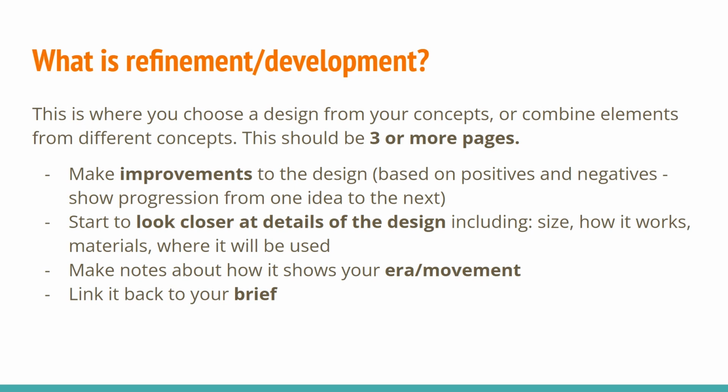And you can sort of say that that's telling the story of warmth and optimism. Yeah, so it doesn't always have to be, oh, the era used curves, I'm going to use curves. Maybe you could look at the deeper sort of story and how you could show that. And always link it back to your brief. Are you meeting your brief? So, improvements, details, era and movement, brief.